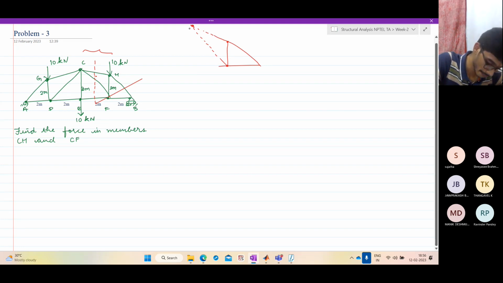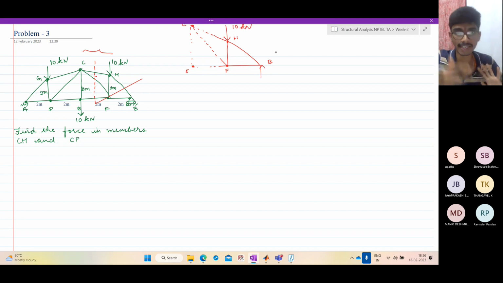Here you have this, and this will go somewhere here. So this is the point E, this is the point C, this is the point H, this is the point B, this is the point F. And you have a reaction here, you have a force of 10 kilonewtons acting here, and you have a reaction here.